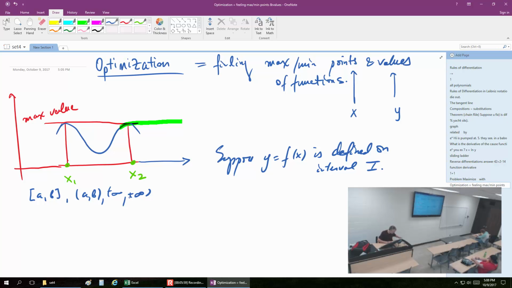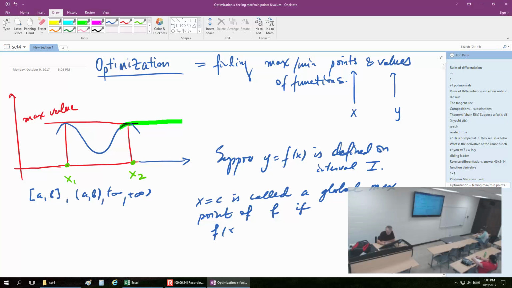Now let's state that. x equals c is called a global maximum point of f if f of x is less than or equal to f of c for x in I.